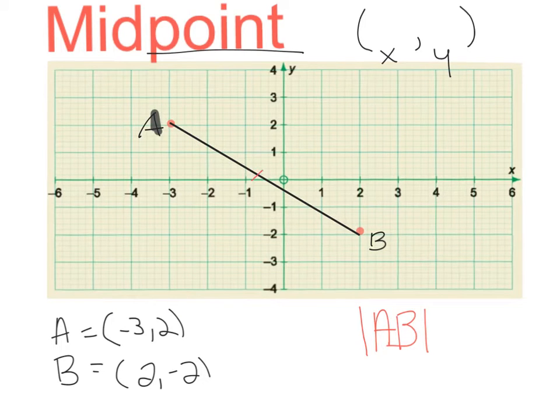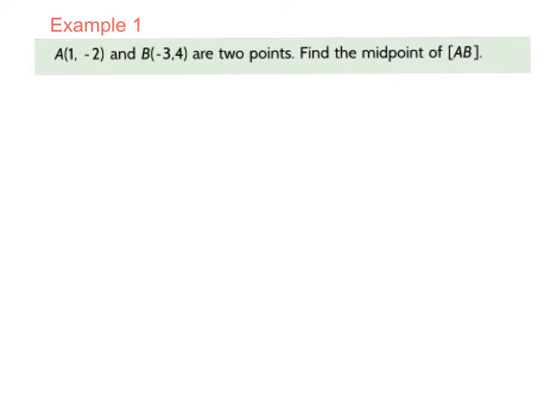It might be around here. Probably not exactly there. If I had a compass or a ruler, I could probably figure it out. But what if I had neither of those things and I had to find the midpoint, the halfway point of this line? And in mathematics, we have a formula to satisfy this.